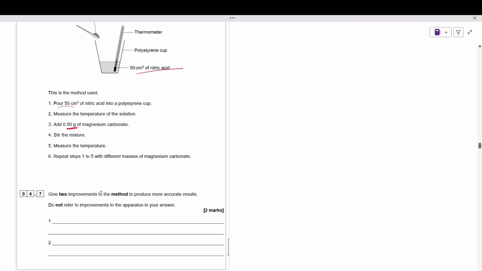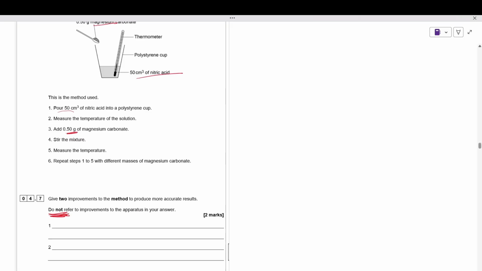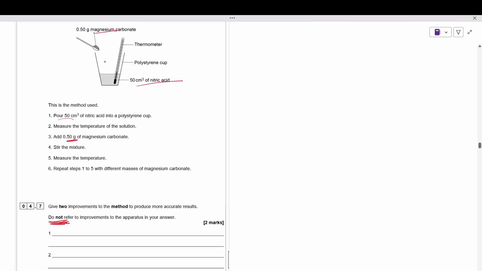Do not, and I'm going to emphasize this, do not refer to improvement to the apparatus in your answer. So if you say that you need a lid, that's wrong, because it says do not make any reference to improvements to the apparatus. We're just looking at the method. So we're looking at it and seeing how best we can improve it.